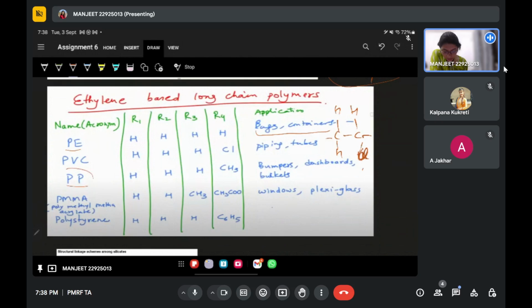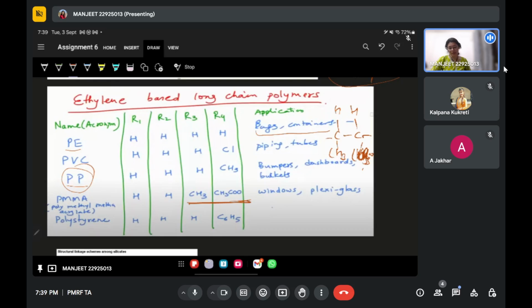Third is PP, polypropylene. In it, one hydrogen is replaced with a CH3 group, and it is used in bumpers, dashboards, and buckets. In polymethyl methacrylate, one hydrogen is replaced with CH3 and the other with the acrylate group, CH3COO, and it is used in windows as plexiglass.